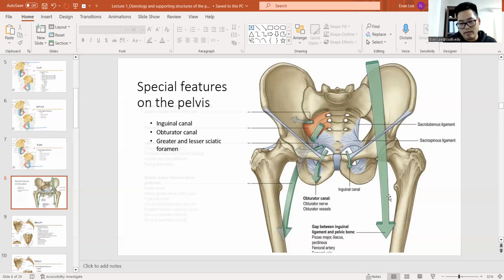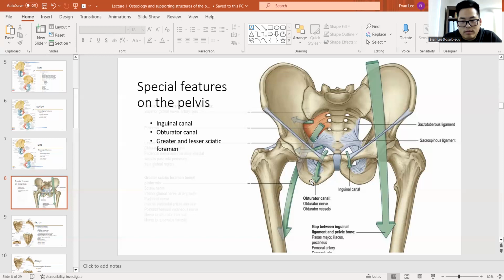That's where a lot of major structures go through, such as the external iliac artery and vein, as well as the femoral nerve. And then you have the obturator canal. You'll be able to see it right in here going through a hole, which is called the obturator foramen. This is where the obturator nerve, as well as blood vessels, go through.